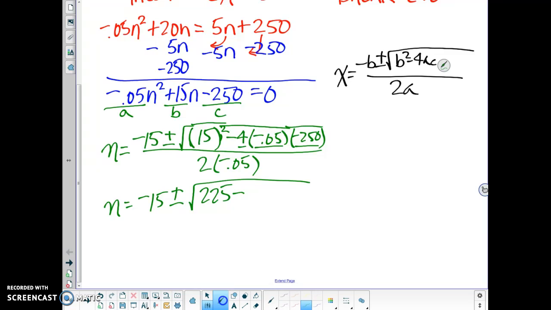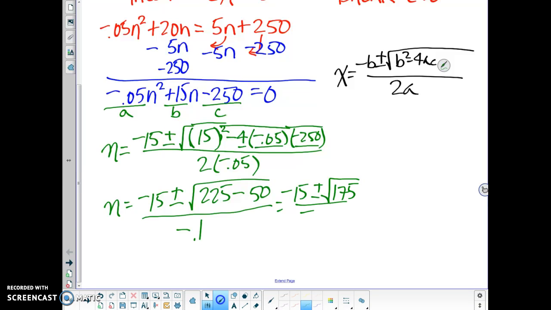So when I multiply all this together, I actually get 50. And then I divide that by negative 1/10. So as I'm dividing out this, it gives me negative 15 plus or minus the square root of 175 divided by negative 1/10.